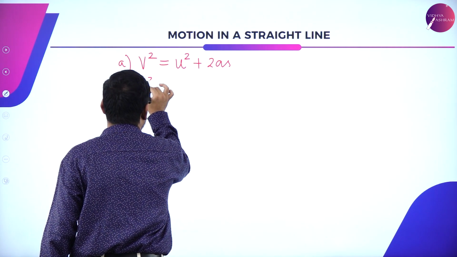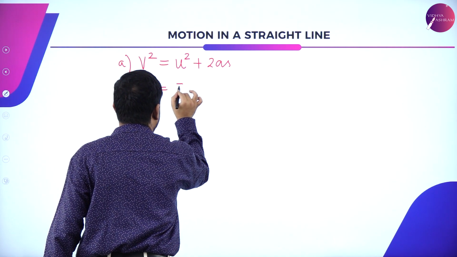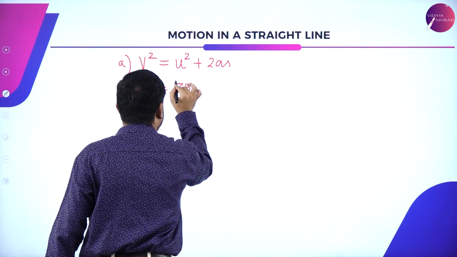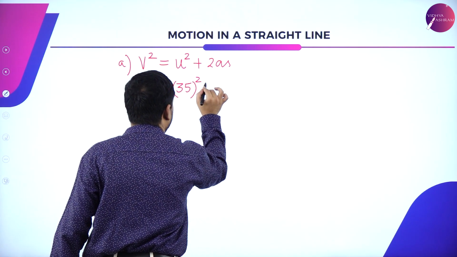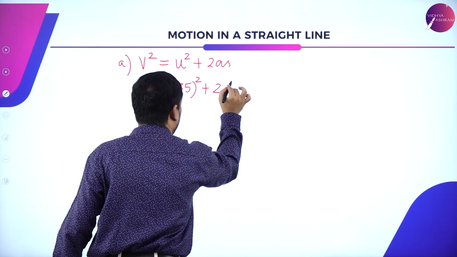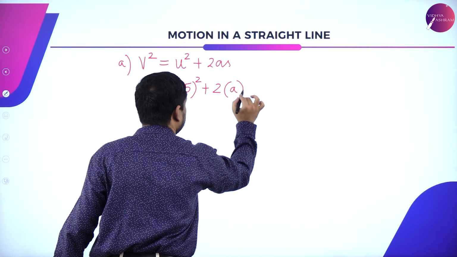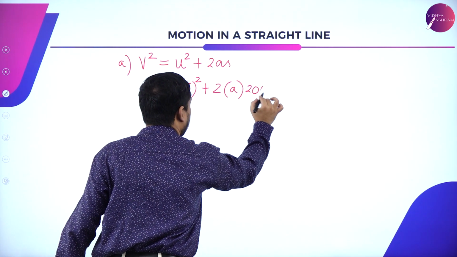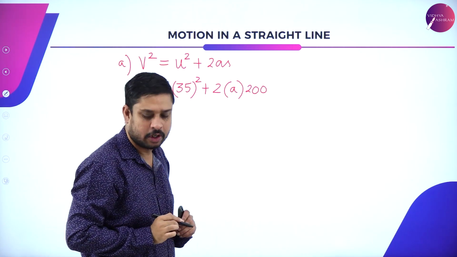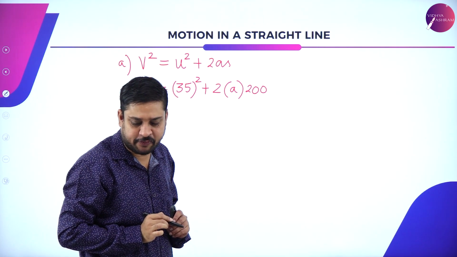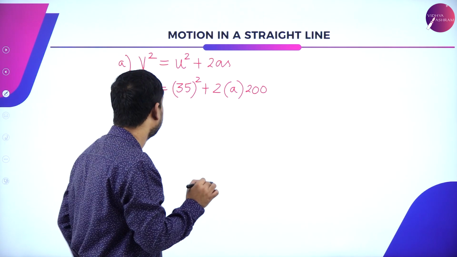0 equals 35 square plus 2a times 200. So now 35 square.